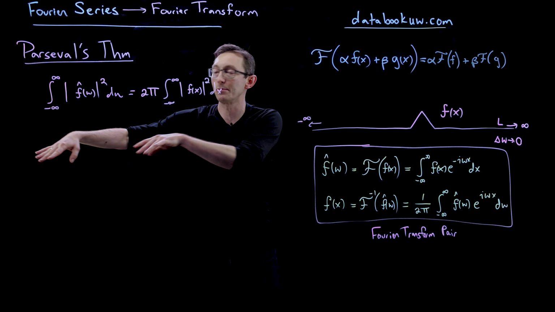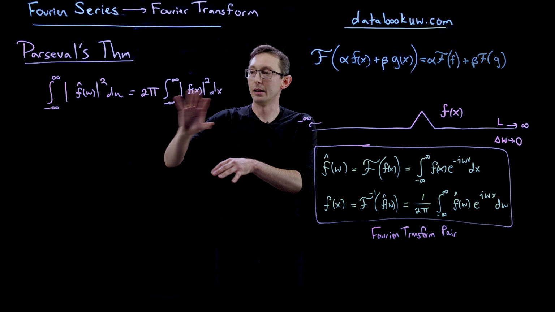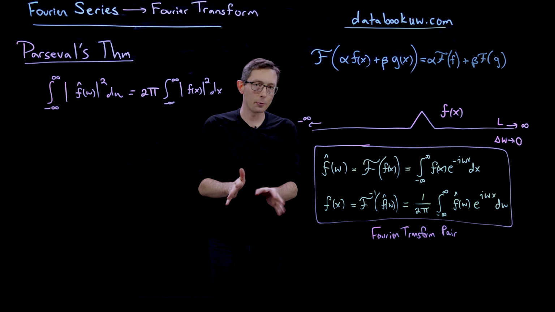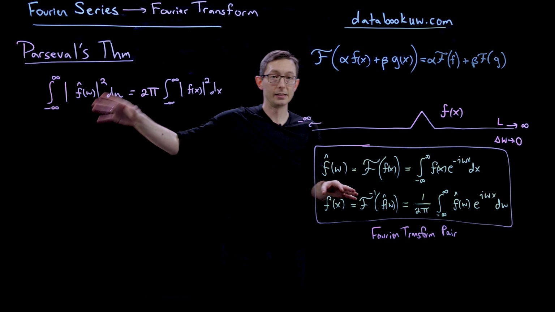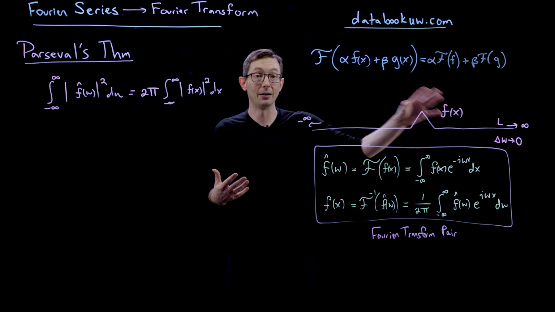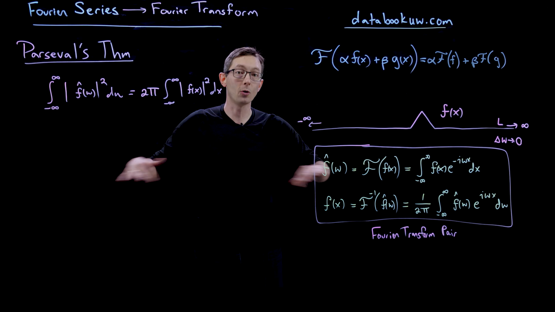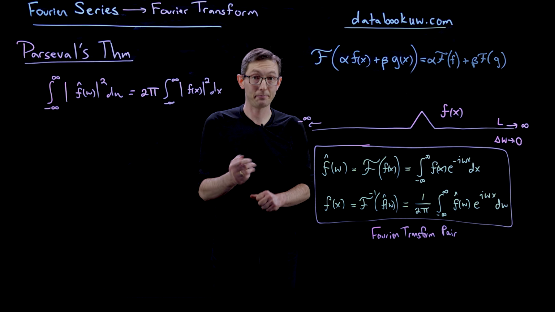So if I truncate my small Fourier coefficients, I negligibly degrade my approximation of my function f of x. That's a super useful property. We're going to use that all the time when we write these Fourier transforms and use them to approximate functions: if there are small Fourier coefficients, I can ignore them and I'll still do a pretty good job of approximating my function f of x.